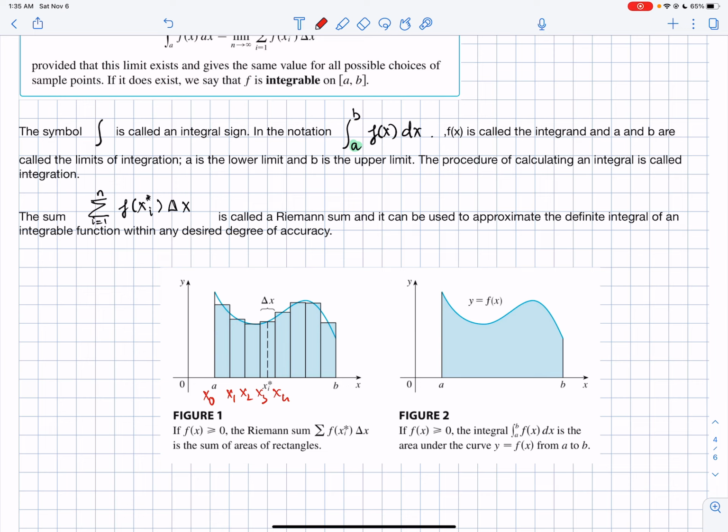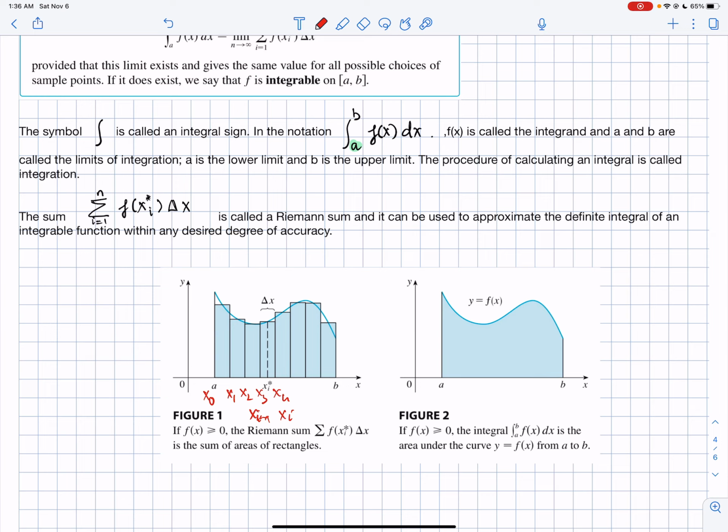You just choose any x in the subinterval from xi minus 1 to xi, and that will be xi star. Xi star can be the same as x3, or it can be the same as x4, for example, according to my picture.